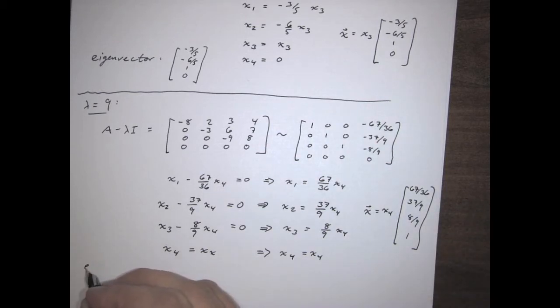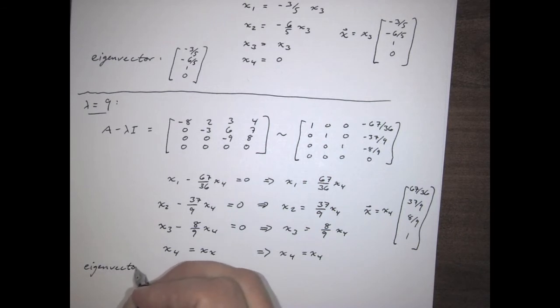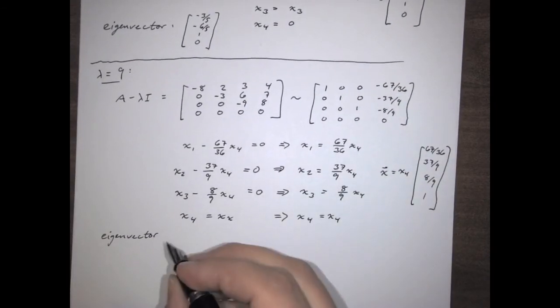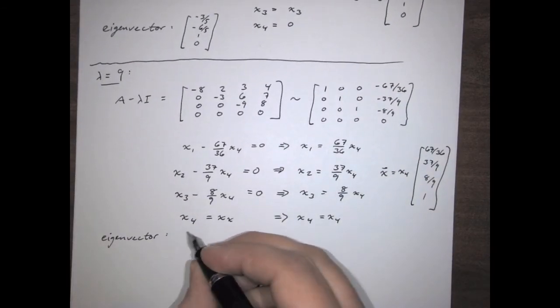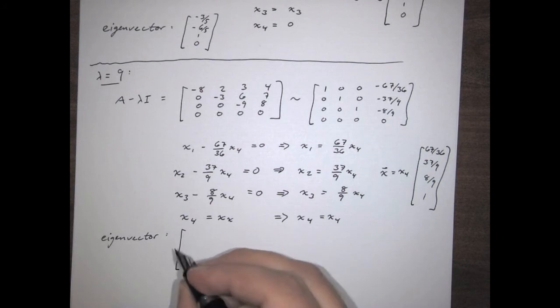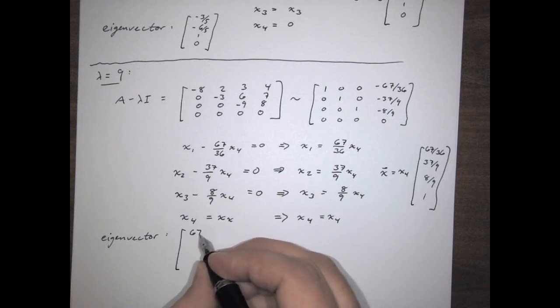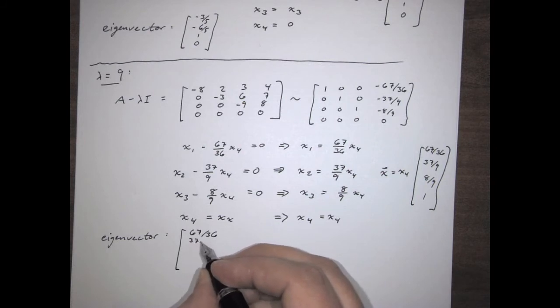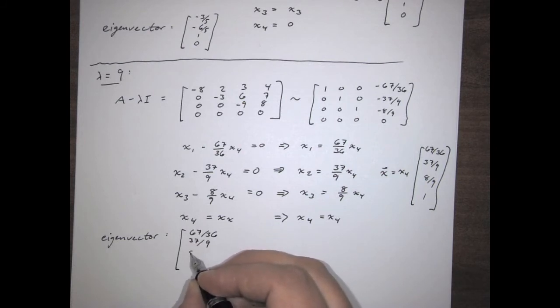However, there's no need to. We're not using this for anything, so there's no reason to be overly cosmetic in the adjustments we make. So the eigenvector here would be 67/36, 37/9, 8/9, and 1.